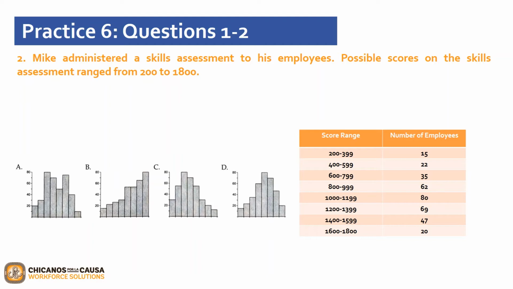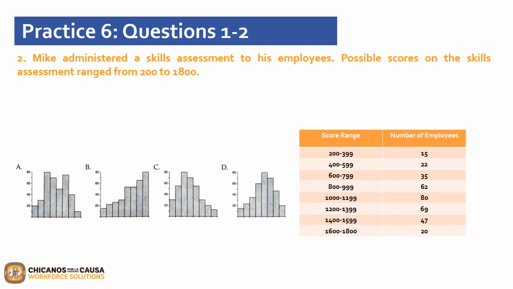So let's look at the third row just to further break it down. Our third score range is 600 to 799. Number of employees is 35. If I look at the third bar in B and D, I can see that B does not go up to 35, and it actually looks like it goes up to a little under 30, but option D does in fact go up to 35.